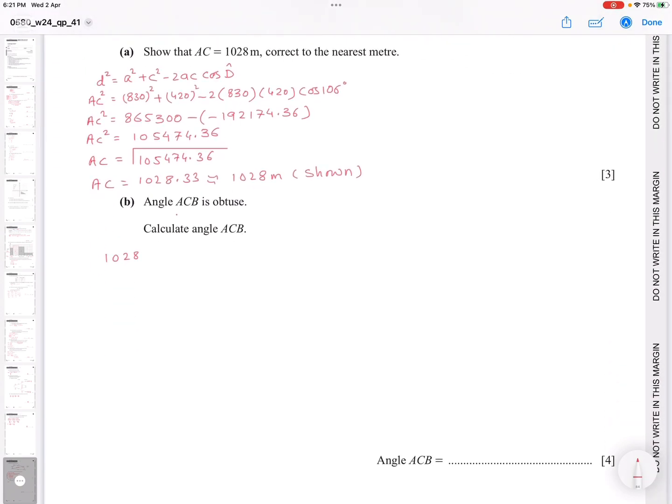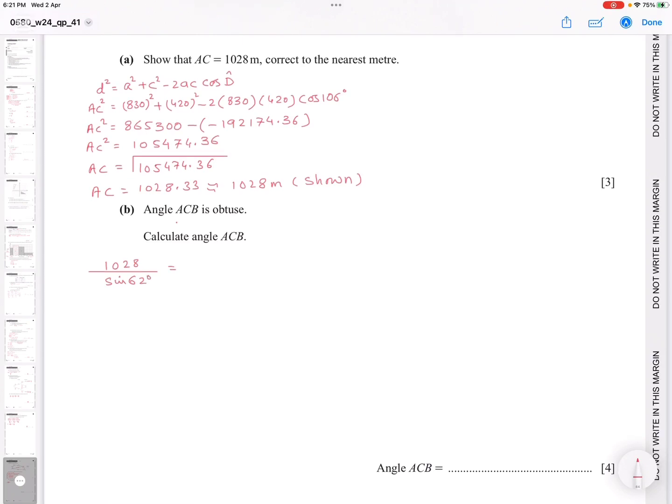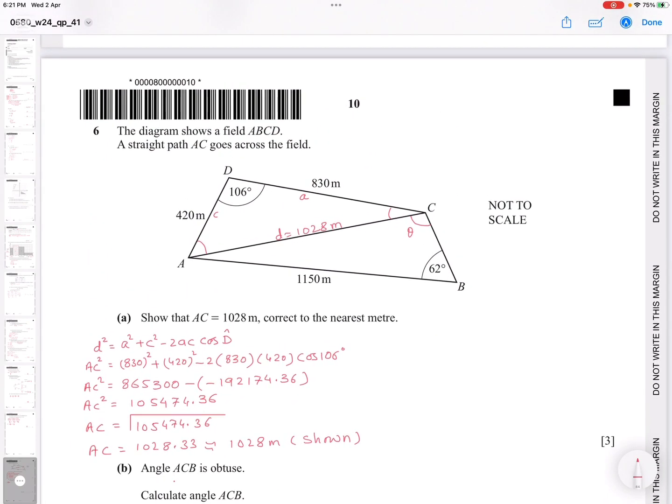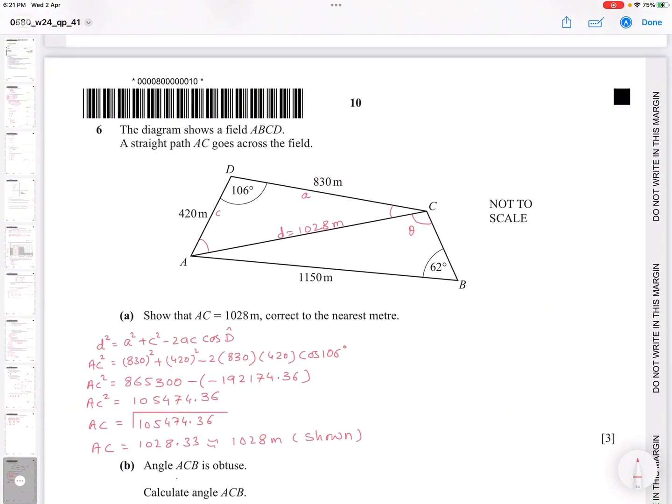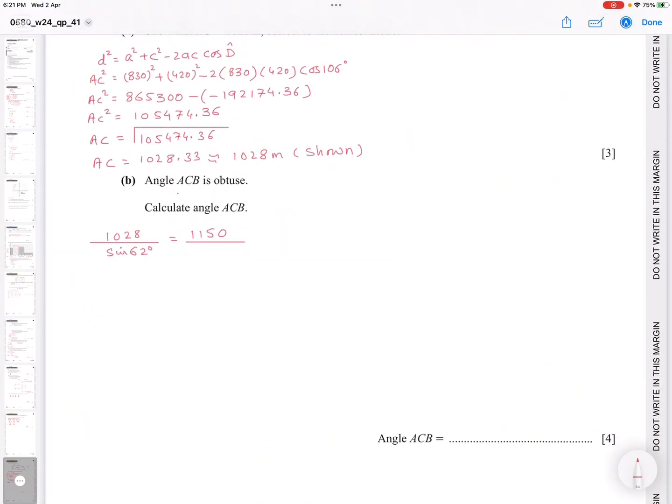The sine rule says the length over the sine of its opposite angle, which is 62 degrees, would be equal to another length in the diagram, which is 1150 meters, over the sine of the angle opposite to 1150, and that is angle ACB.